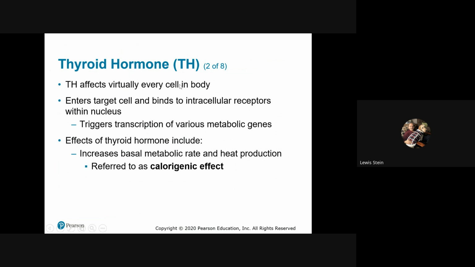Vast amount of cells that it impacts. Again, it is very much like a fat soluble hormone. But all the other ones, when we talked about all the ones from the pituitary, effectively all those inhibiting and release hormones, all of those are G protein mediated pathways.